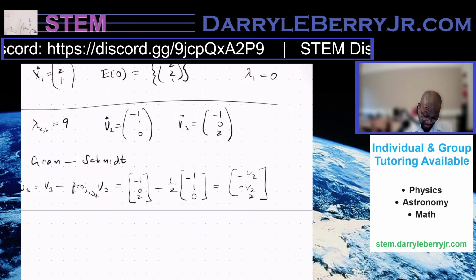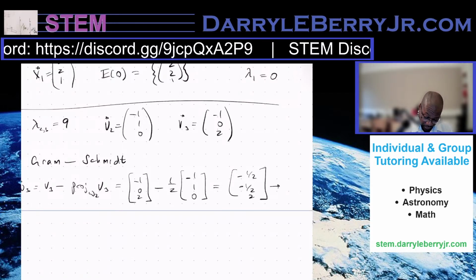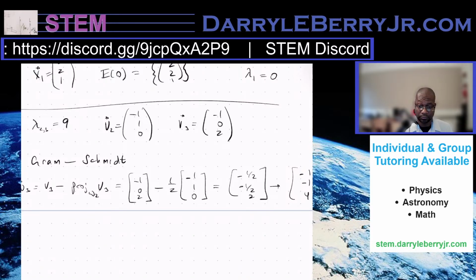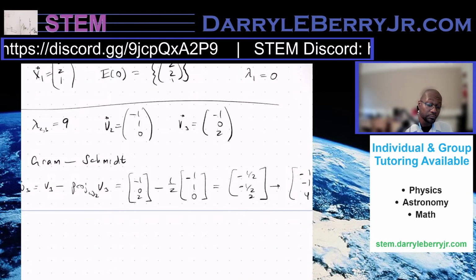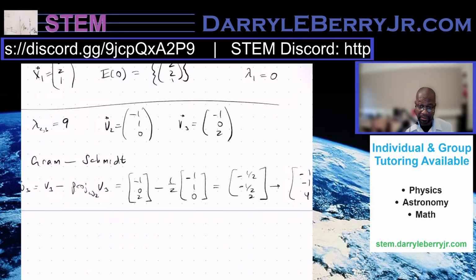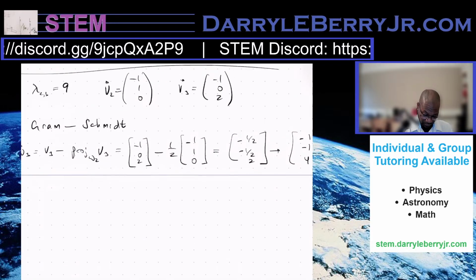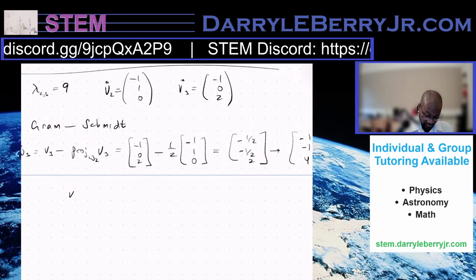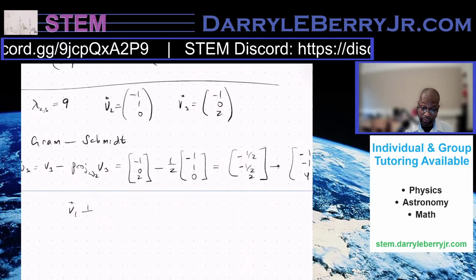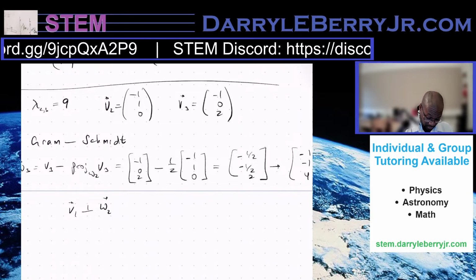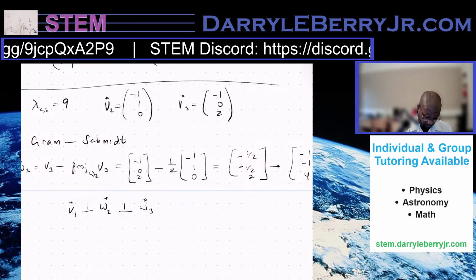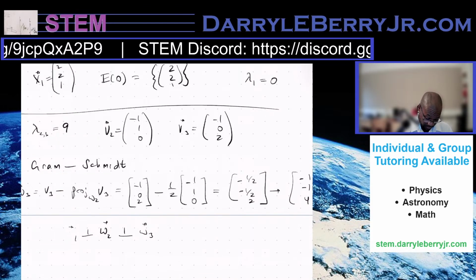We multiplied everything by 2. Now we have -1, -1, and 4. So that means that X1 is orthogonal to W2 is orthogonal to W3.